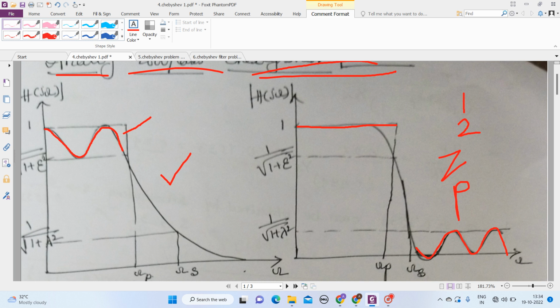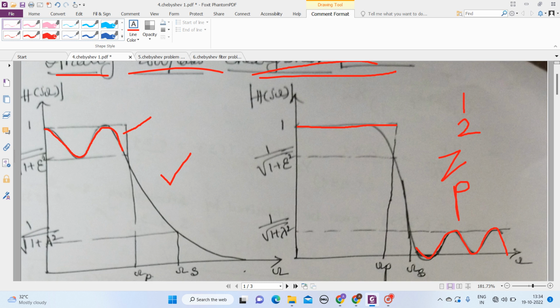Overall, what type 1 and type 2 Chebyshev filters mean, if they ask in the exam: if the equiripple is exhibited in the pass band, such a type of filter we call type 1 Chebyshev.